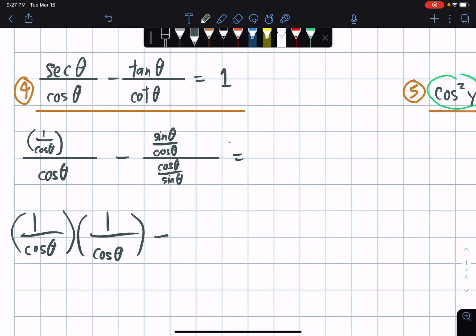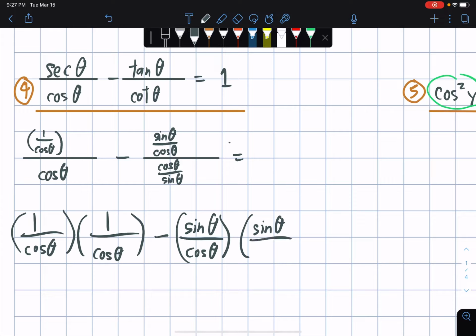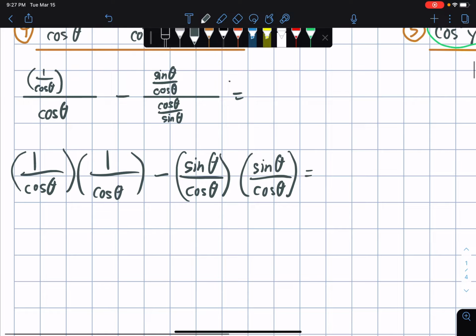Okay, so sine theta over cos theta, then reciprocate. From the other side, we get sine theta over cos theta. So you can see there that there's quite a pattern. It's basically duplicated. Both are the same. I suppose that you know what I mean already. It's pretty obvious from what you can see.